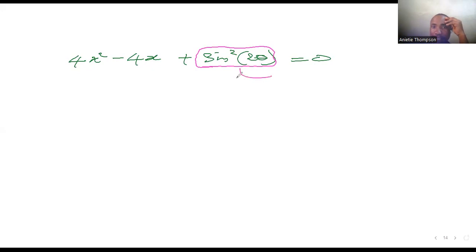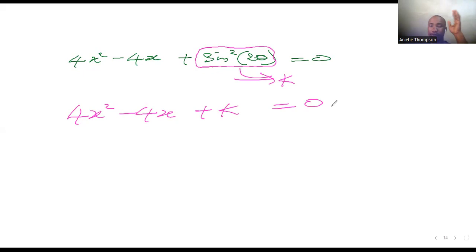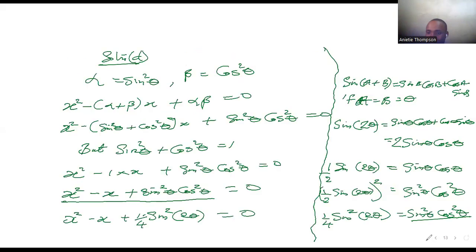So if I let everything there be k, that means I can simplify the equation as 4x squared minus 4x, then plus k equals 0, which really resembles the equation we are talking about here. So you can see that the problem is not really as hard as we thought. You have to understand this concept properly.